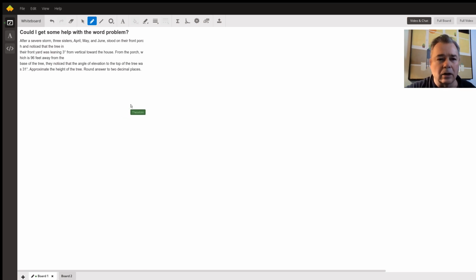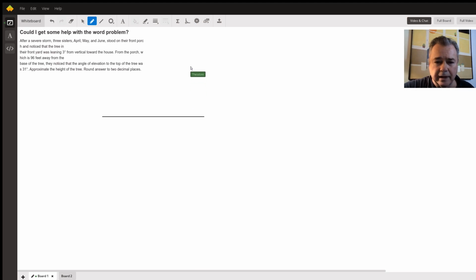The goal of almost all word problems is to formulate an equation in order to solve it. And with the trigonometric word problems, the first step is usually to draw a triangle. So we will use our whiteboard tools here to sketch the information in the word problem.